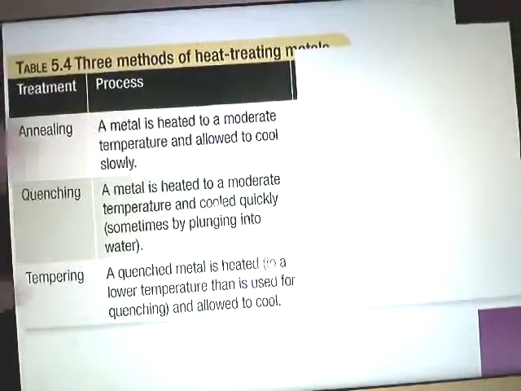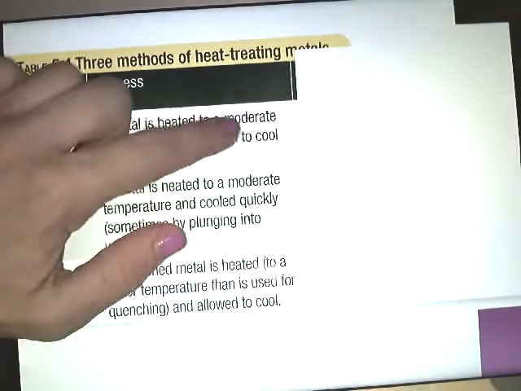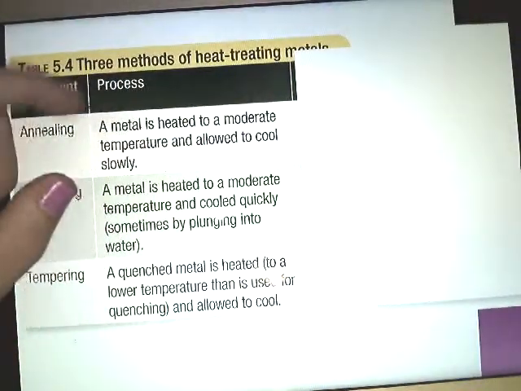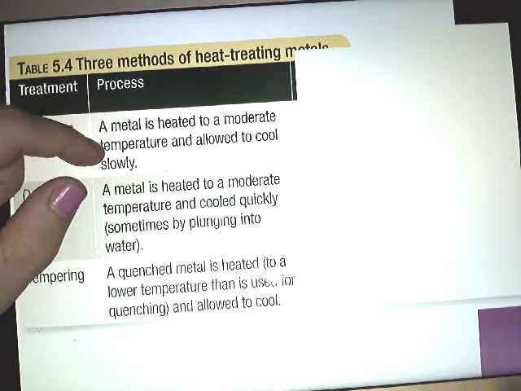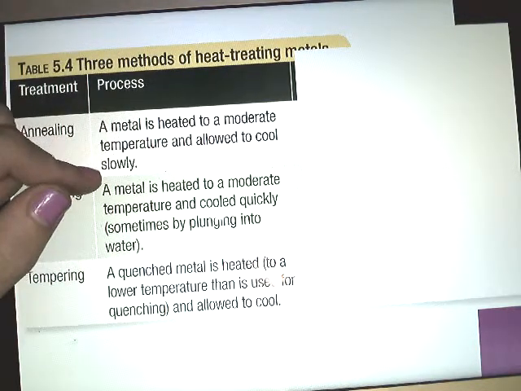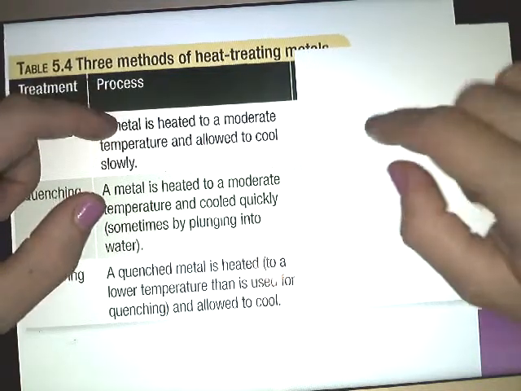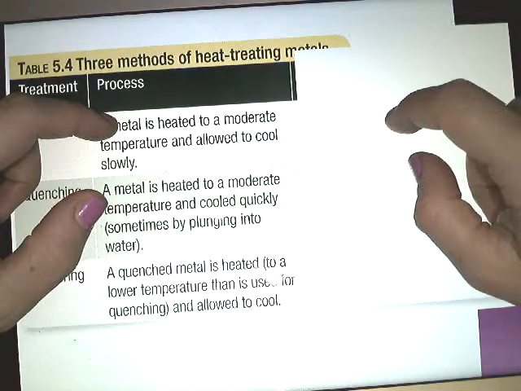Something like annealing, the metal is heated. When it's heated, the metal starts to melt and the cations start to pull apart. Then when it's allowed to cool slowly, our results should be that this was the most malleable.